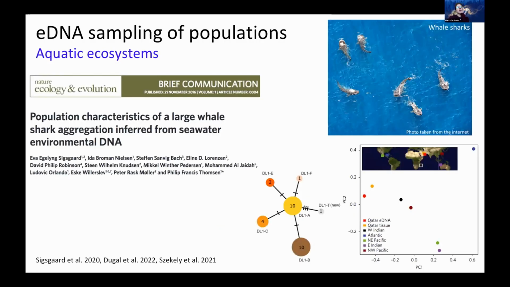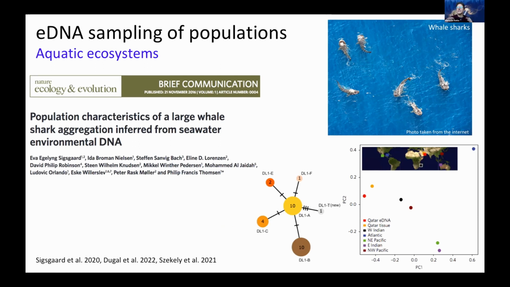I'm starting with what researchers can now do, especially in the marine environment, exploiting the aggregating behavior of many marine megafauna. Like in this picture, I have an aggregation of whale sharks, but there are actually many marine mammals that also move in groups through the water.